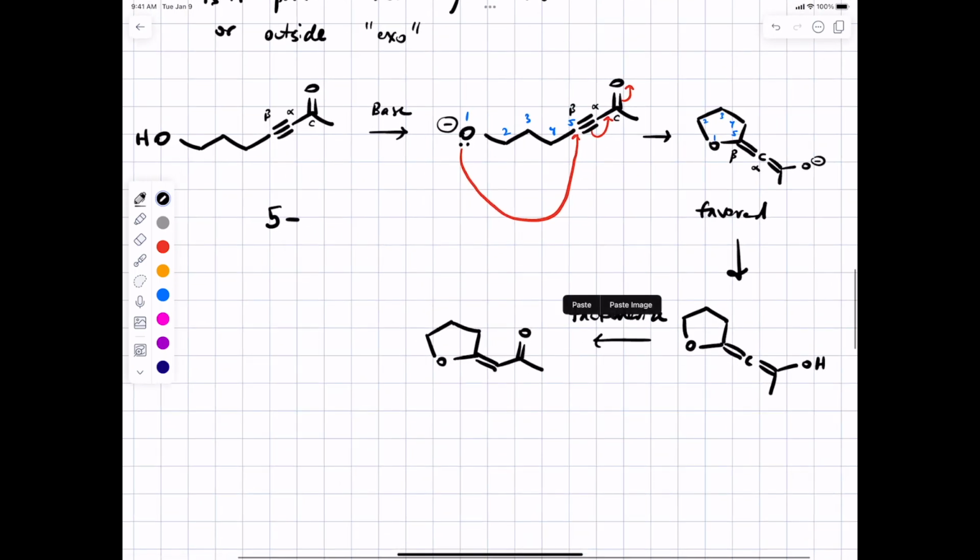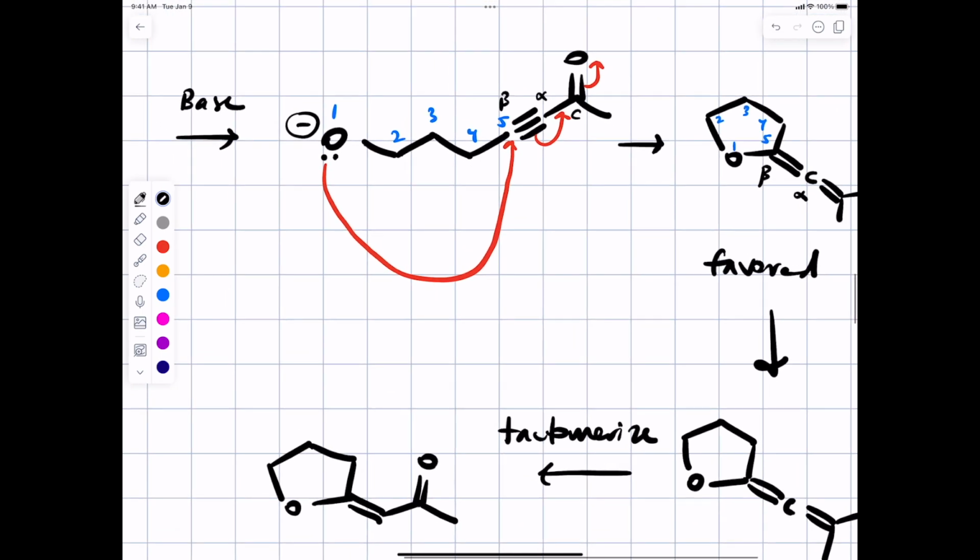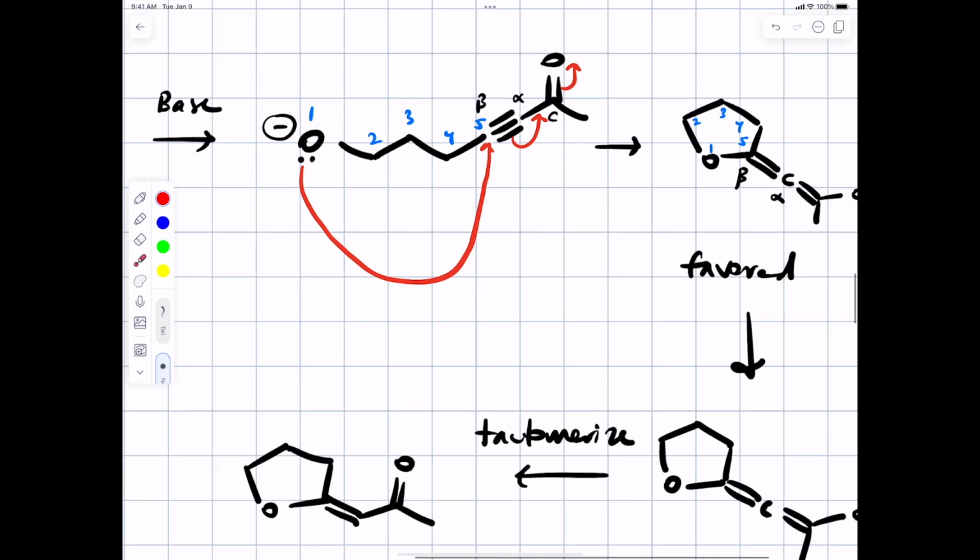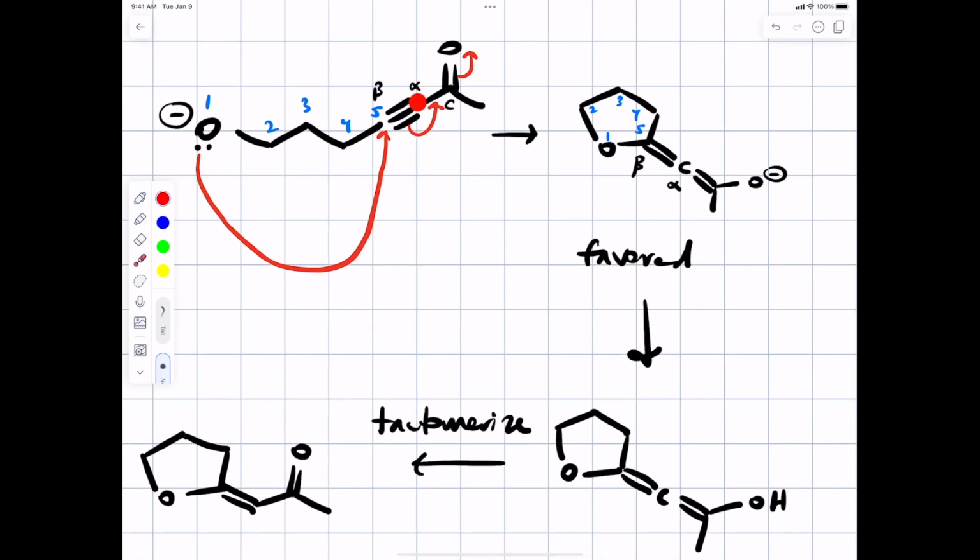Now, the atom that has the negative charge, we could have, in this step, put the negative charge on the alpha carbon. We chose to draw the enolate. Is that alpha carbon part of the ring or outside the ring? It's outside, right? Because we attack the beta carbon and the place the electrons go is outside the ring.